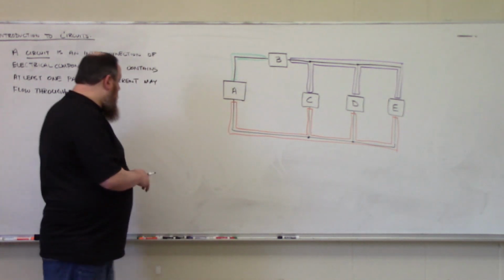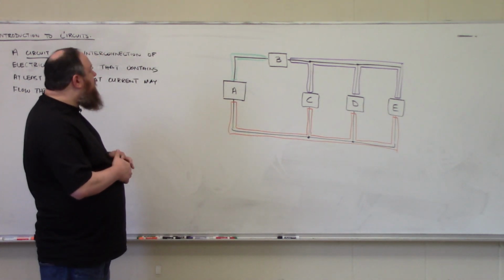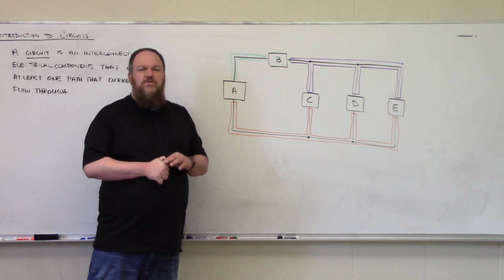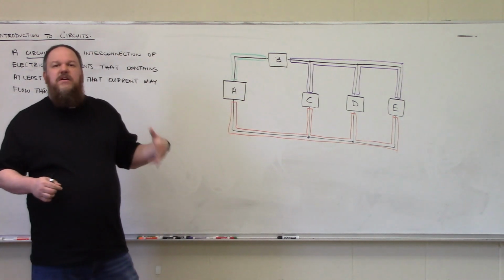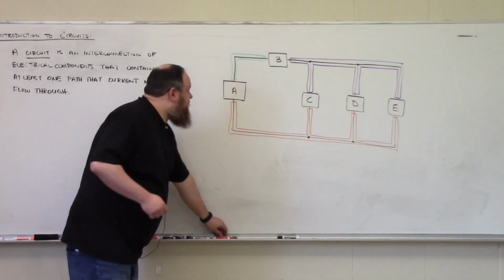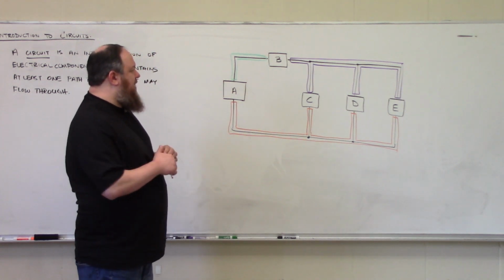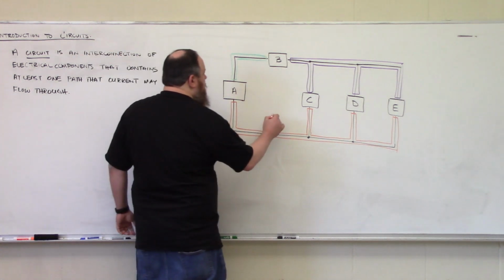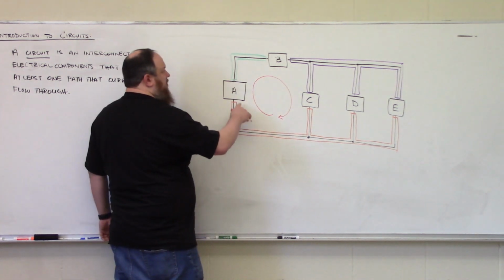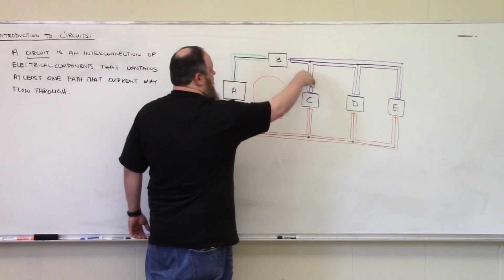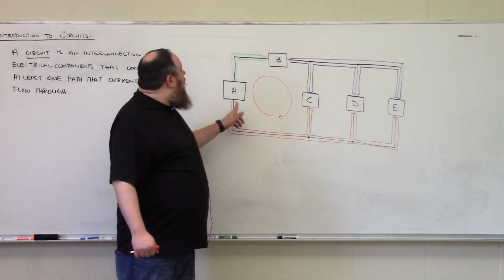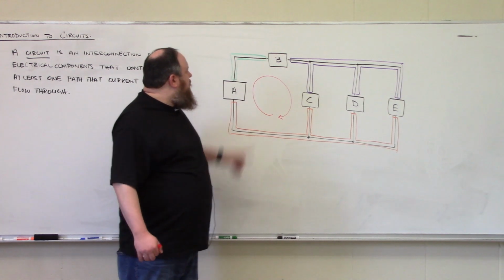All right. Now, this particular circuit has, I believe, 6 loops, where a loop is defined as any closed path that current could take. So for instance, I'll draw all of the loops in red. So this would be considered one loop, from element A into B through C, and then closing back in on element A. So current could circulate around this closed path.